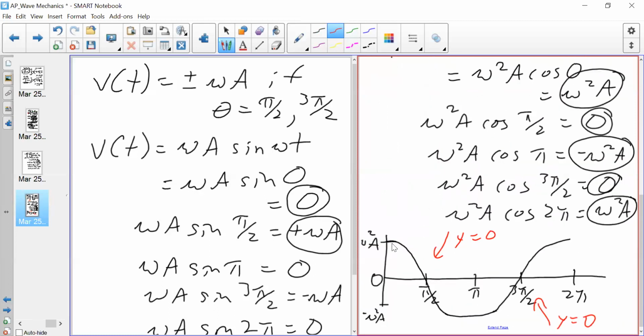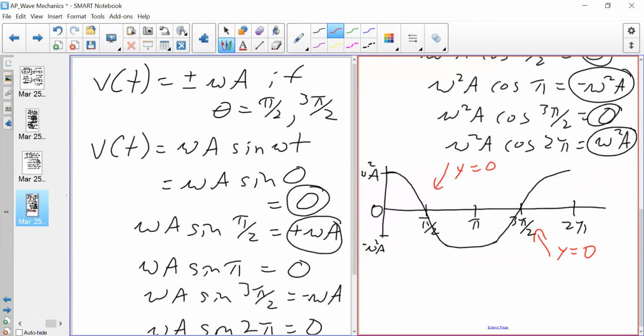At the same time that it's pulled down, the acceleration goes the other way, up. It's positive. Then it gets to 0, there's no acceleration. Why is that? Because there's no displacement, and Fs is 0, so there's no force.